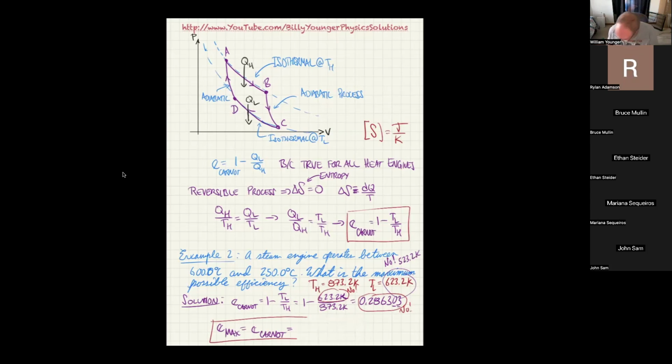Now that I've corrected it, the Carnot efficiency is going to be 40.08, and the next digit is 2, and that's an extra digit. So 40.082 is the efficiency with the correct numbers.